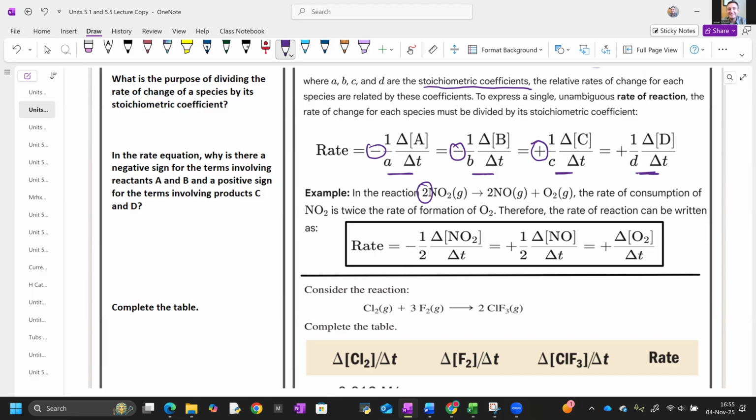But in keeping with accounting with the stoichiometry of the equation, we take it 1/2, and then in making sure that our rate is going to end up positive, we have to give that a negative value in that expression. So the rate expression with regard to NO2 is negative 1/2 the change in concentration of NO2 with regard to the change in time.